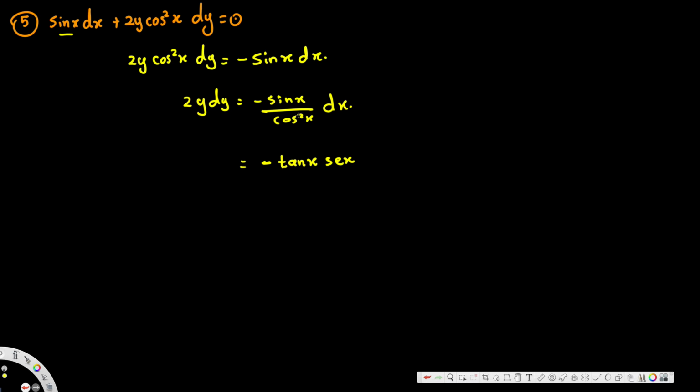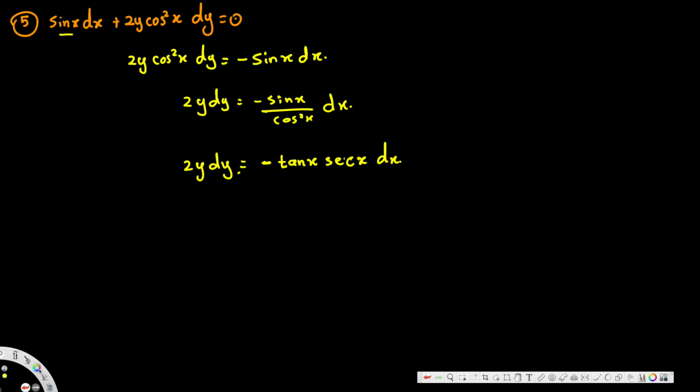Because we have cos square, we took one of them, sin over cos, that's tan, and we have one more cos remaining in the denominator, that's 1 over cos x. That's not sec, that's sec x dx.